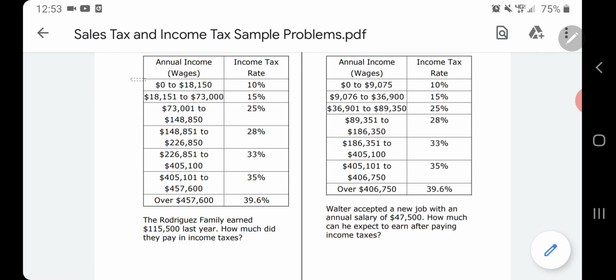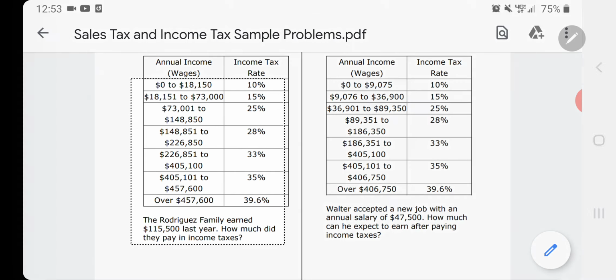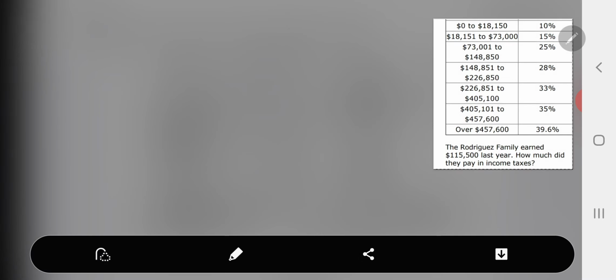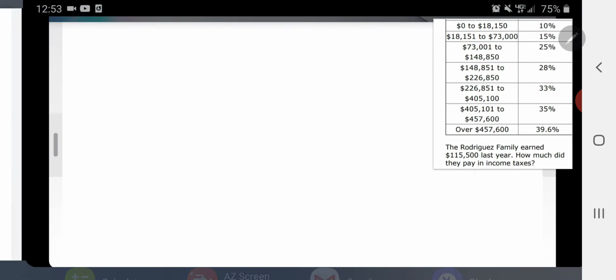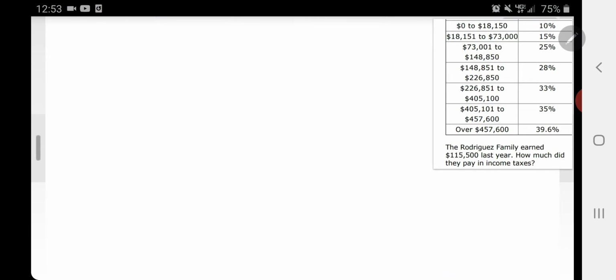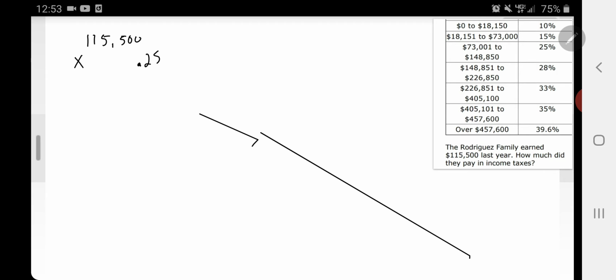One second, pulling it up. So once again, 115,500 times 25%, or 0.25, which once again is the same thing as saying 25%.